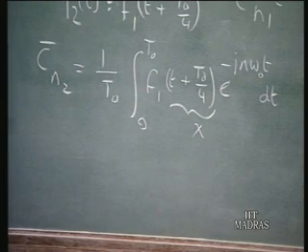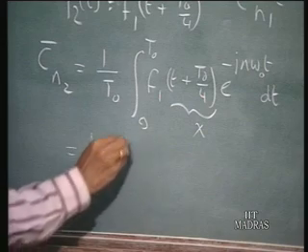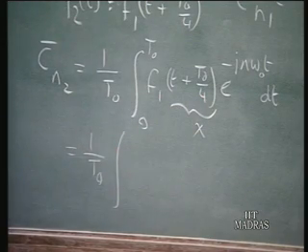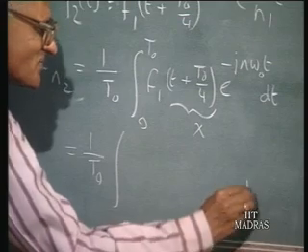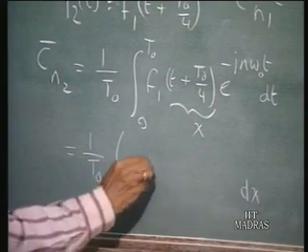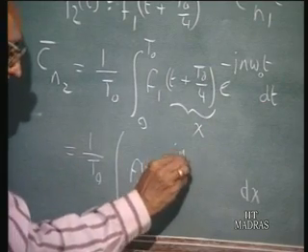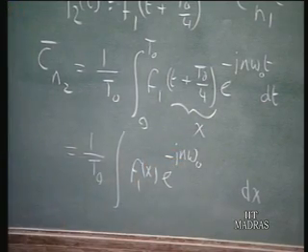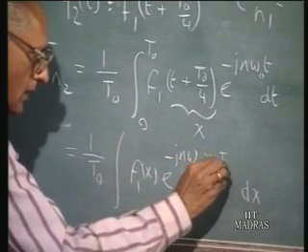Substituting the variable t by x, dt will be dx, and this will be f1 of x, of course, and e power minus jn omega naught t will be e power minus jn omega naught times x minus t naught upon 4.